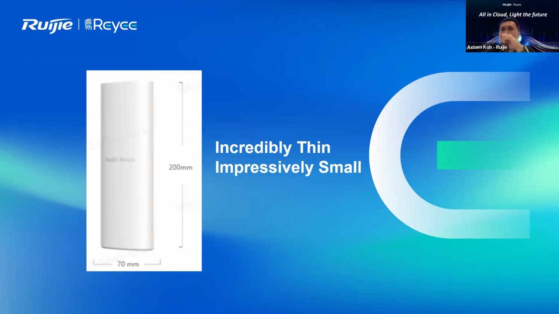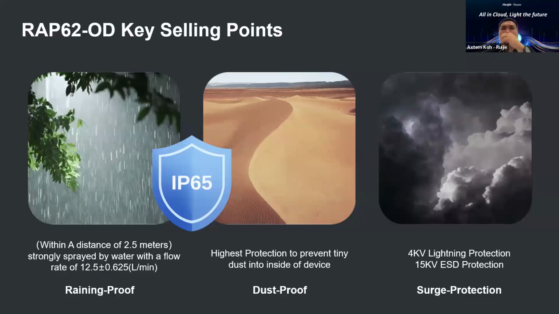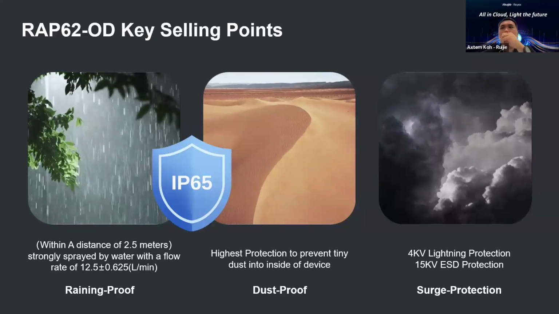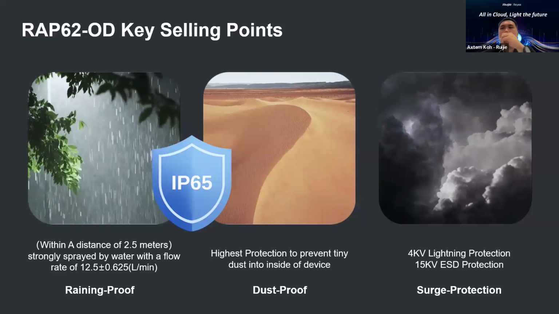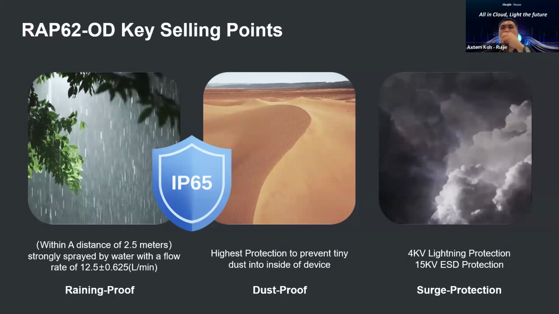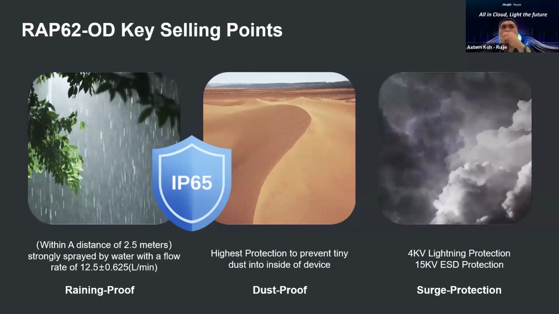They are incredibly designed to be thinner and smaller compared with our current outdoor AP as well. And what is IP rating 65? IP65 means rain proof and dust proof. Okay, they also have built-in lightning protection of 4 kV and ESD protection of 15 kV for this RP62OD model as well.